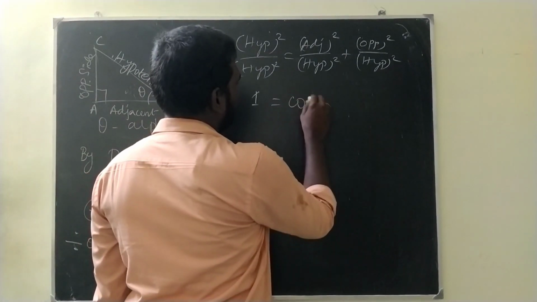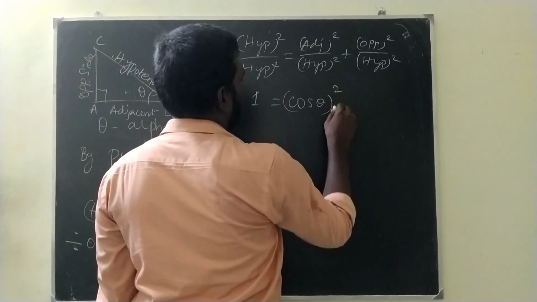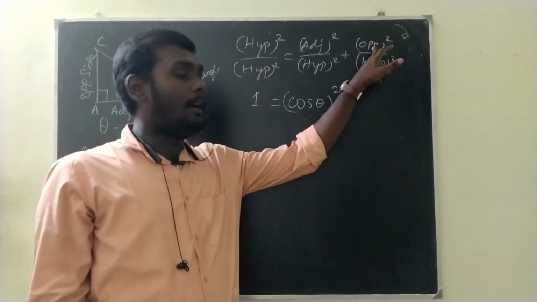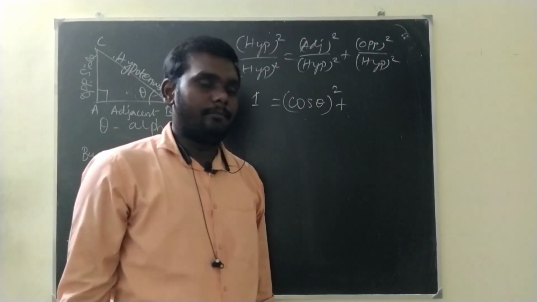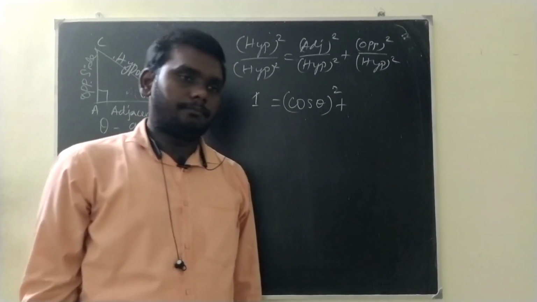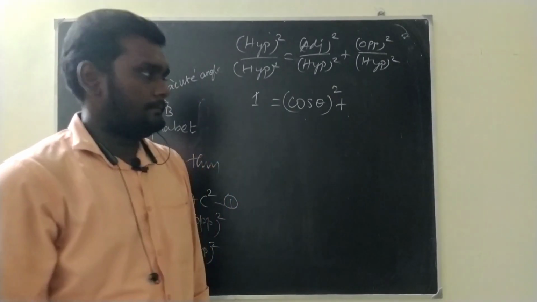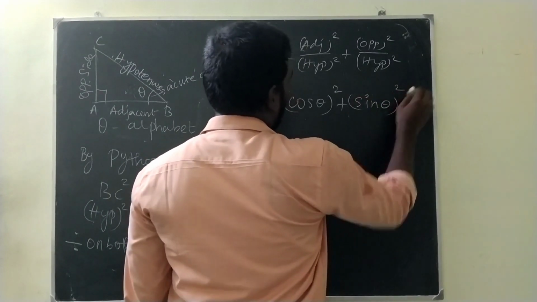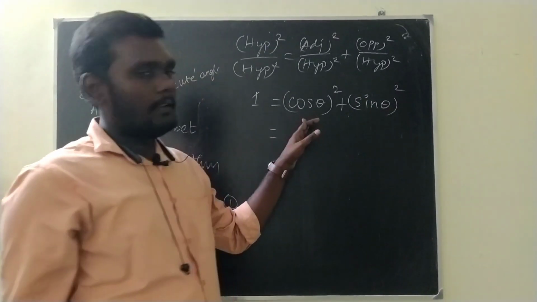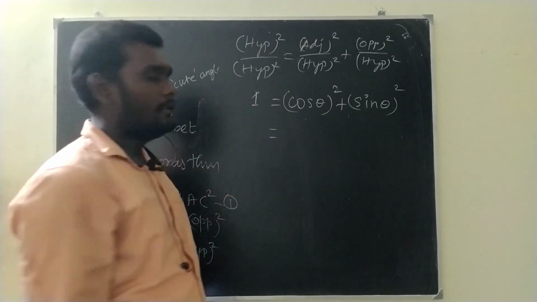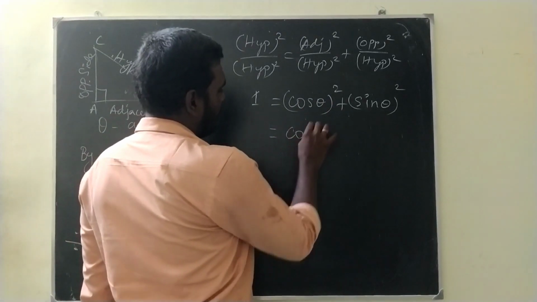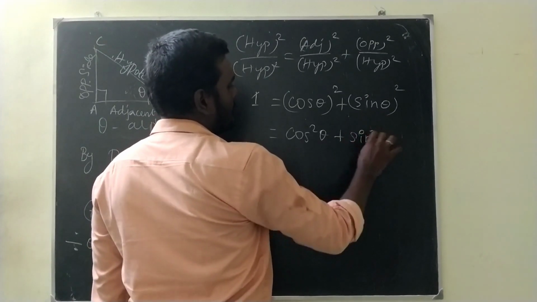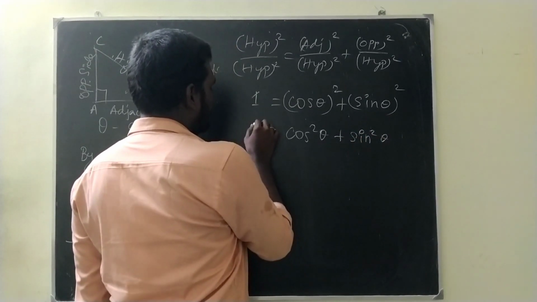So, cos theta whole square plus, what ratio we named like opposite by hypotenuse? Sin theta whole square. When you say cos theta whole square, simply we can write that like cos square theta, and this we can write like sin square theta equals 1.